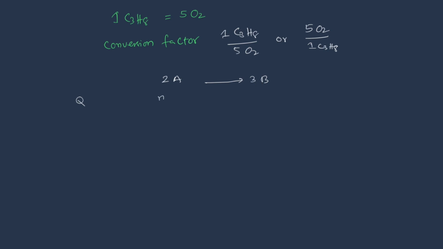For example, mass of A given and mass of B given, then we have to calculate the entities. But first, maybe only the mass of A is given, and we have to calculate the mass of B, consider. Then how to calculate this?